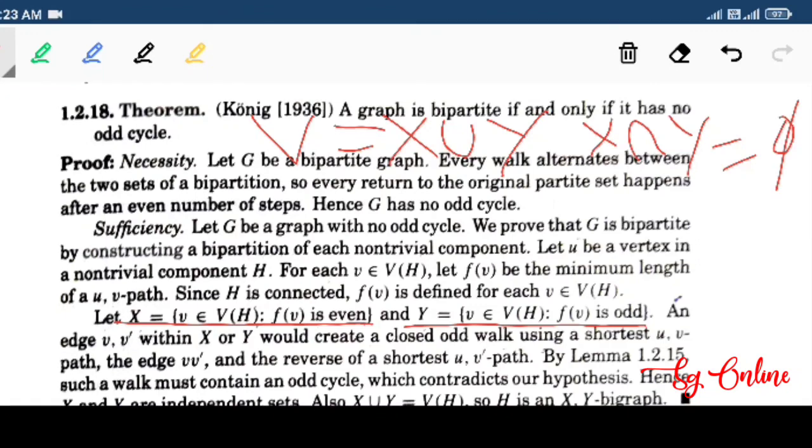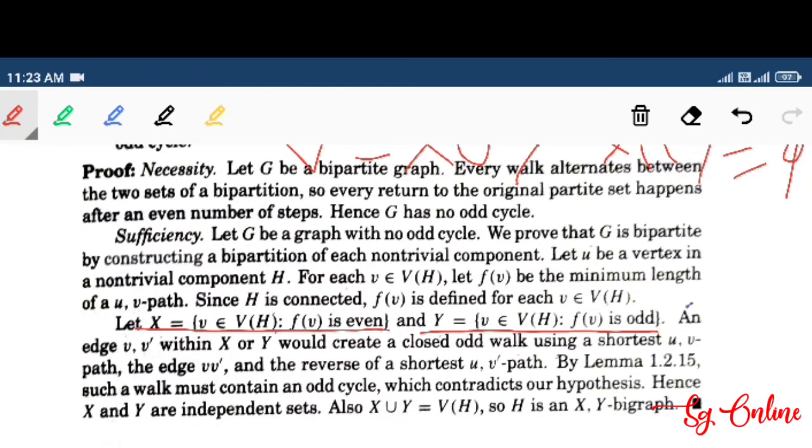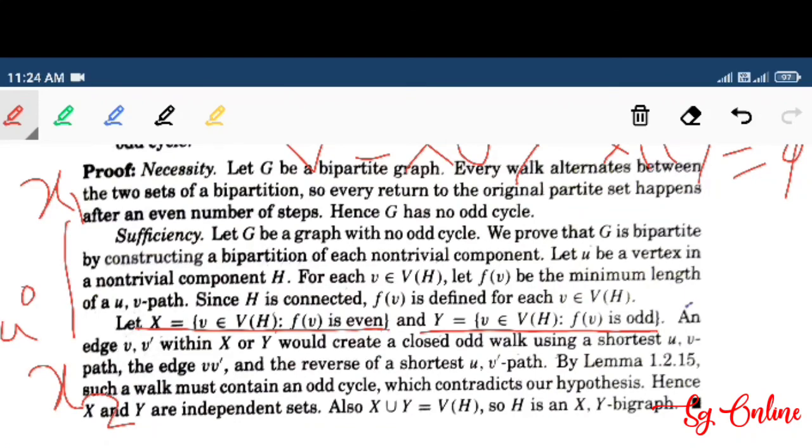The only thing we have to prove is that no two vertices of X are adjacent to each other and no two vertices of Y are adjacent to each other, and then our proof will be completed. Suppose there are two vertices x1 and x2 of X, and suppose there is an edge between them. There is a shortest path from u to x1 and another shortest path from u to x2.